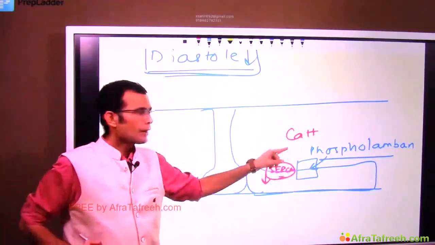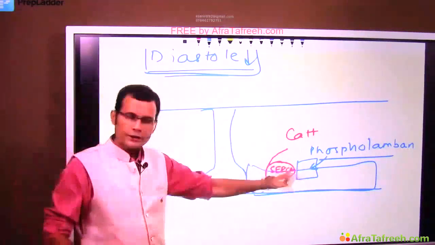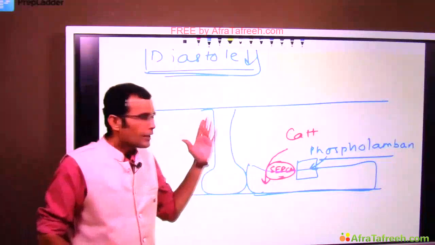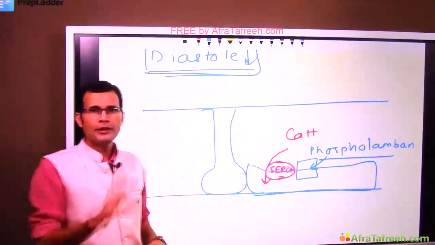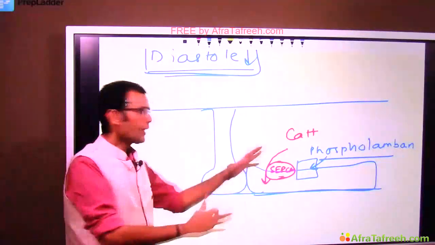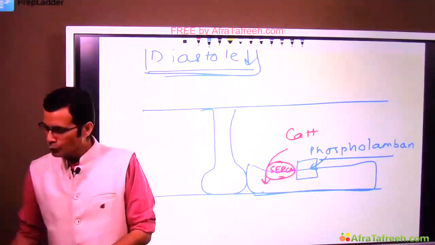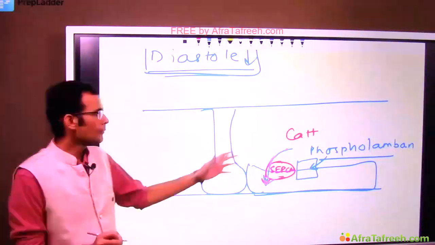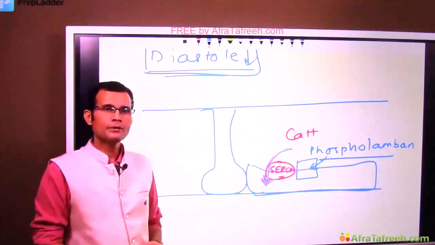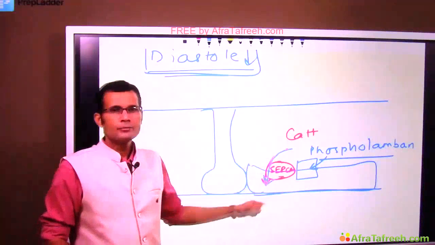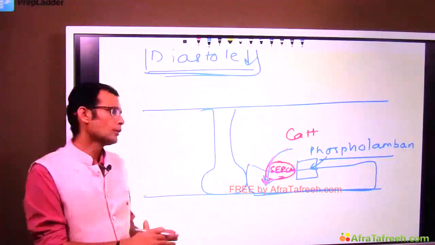Phospholamban is a SERCA associated protein specifically in the heart. It normally keeps the SERCA slightly inhibited. It slows down the action of SERCA. Because of that, the removal of calcium from the sarcoplasm is slightly slower, and the relaxation of the ventricle during diastole is also slightly slower.